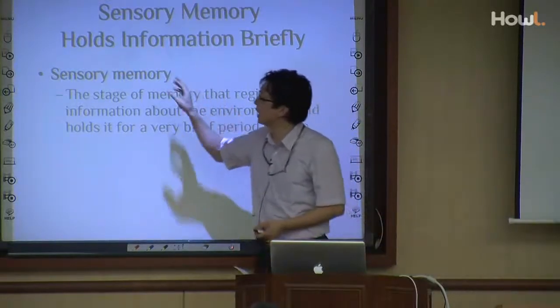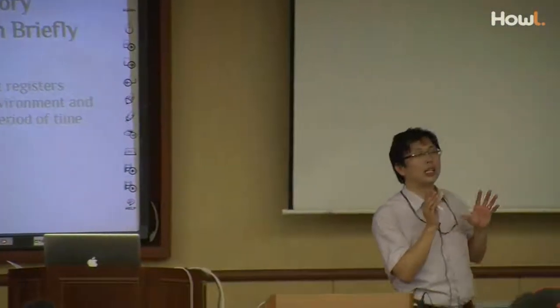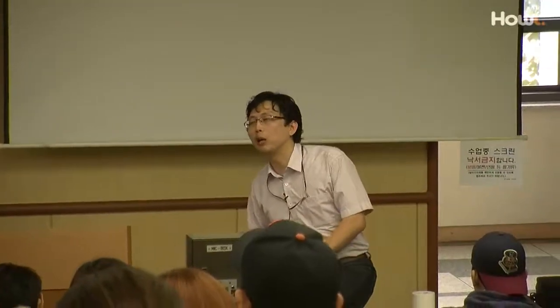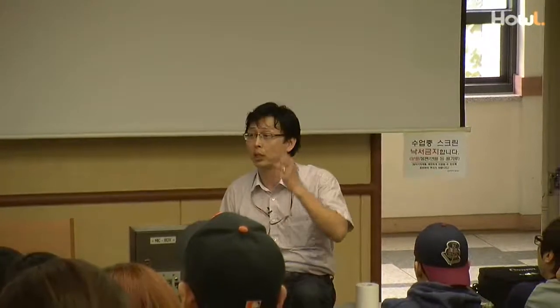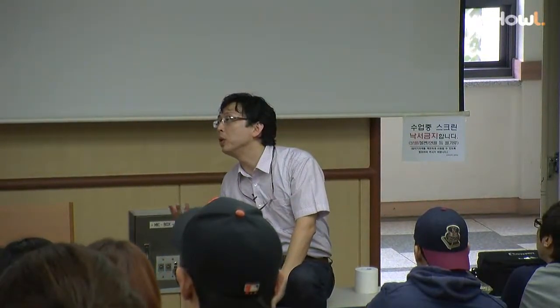So the first one is sensory memory. In the studies in the 1940s and 1950s, many studies were asking whether we probably have a sensory memory, visual memory and auditory memory. They wanted to prove we have these two different types of sensory memory. Of course, we have tactile memory too.